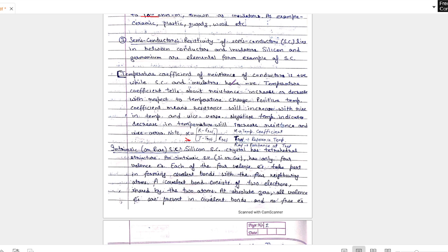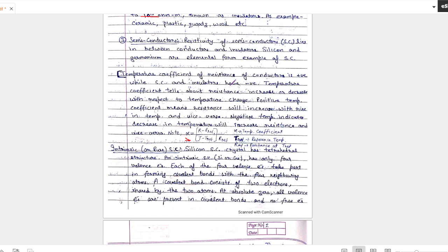Try to visualize that we have an insulator or semiconductor, as both behave the same with temperature. Suppose we have a semiconductor in which electrons are bound in atoms. As we increase the temperature, if the energy is greater than the work function, the electron gets emitted out from the atom, and they start moving and contribute to conductivity.